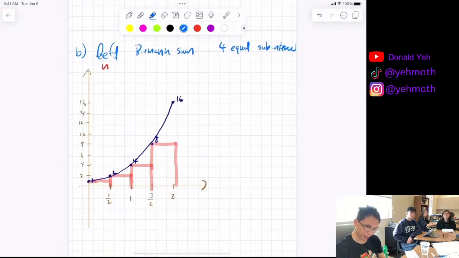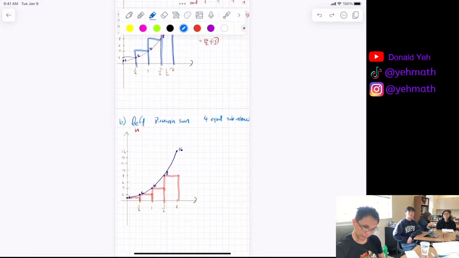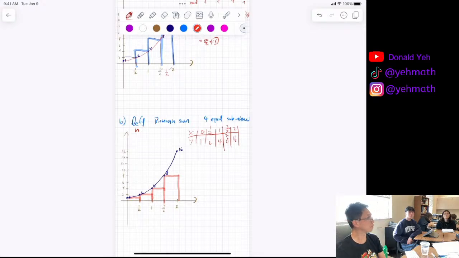Can you figure out the approximation of this? Did you find the approximation?